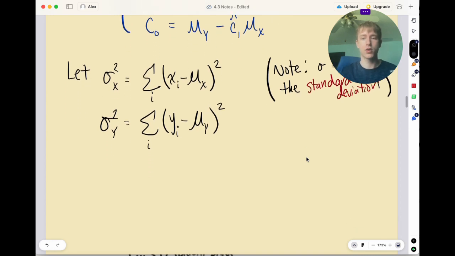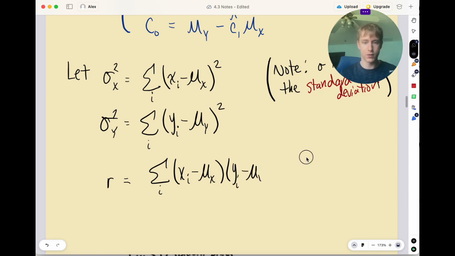Okay, and the last thing that we're going to define is the letter R as being the sum over all i of x sub i minus mu sub x, y sub i minus mu sub y, all divided by sigma x, sigma y.